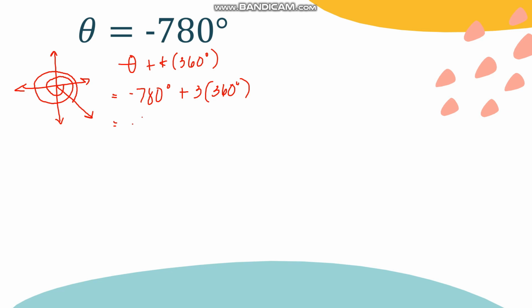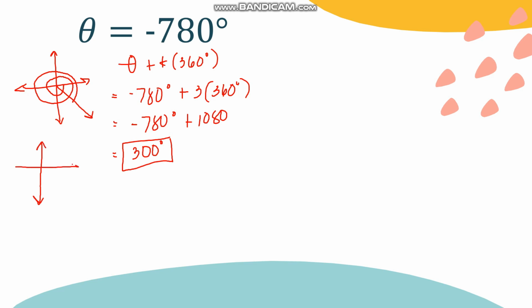So this one is negative 780 plus 1080. So this will give us 300. So this is now the coterminal angle of negative 780 degrees. So this is our 300-degree angle. So this is somewhere here.